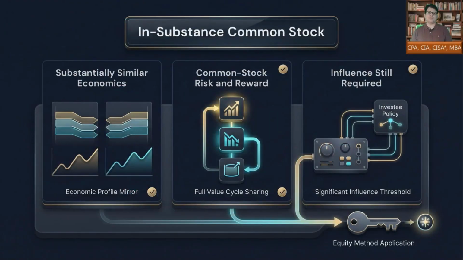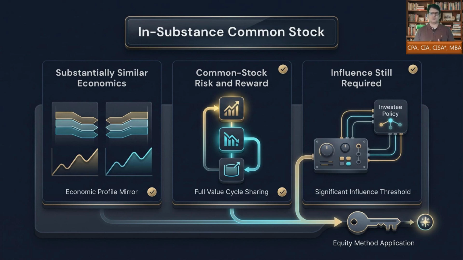In substance, common stock means an investment that may not legally be common stock, but economically behaves like common stock. That is the key idea. If the interest shares common stock style risks and rewards, and the investor also has significant influence, the equity method may still be relevant.